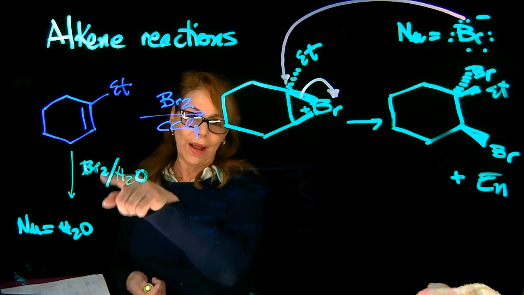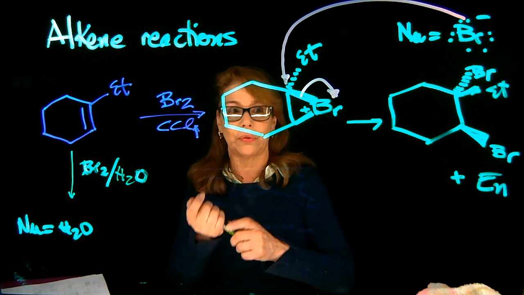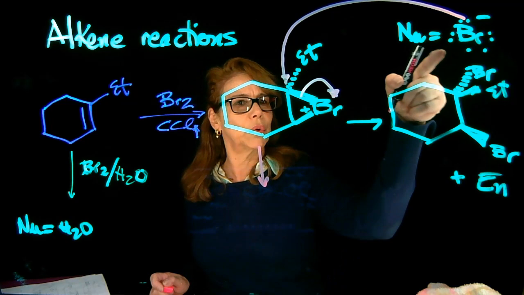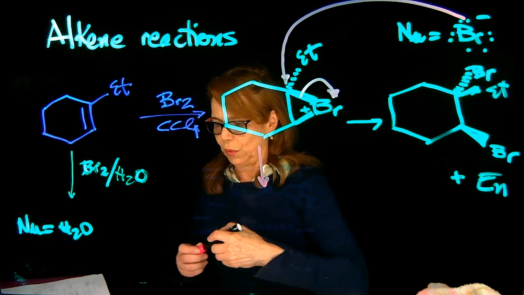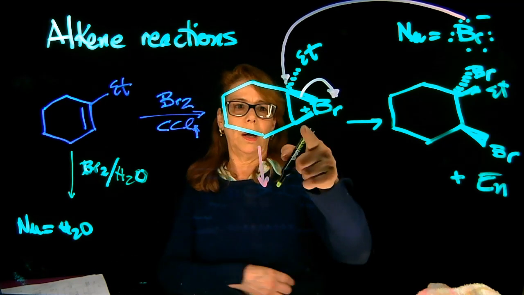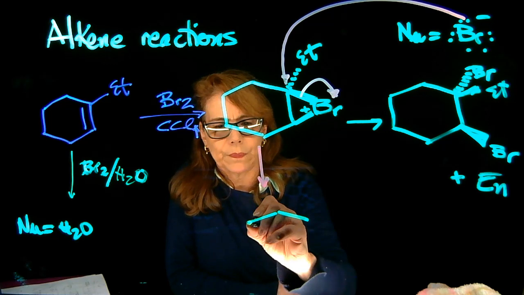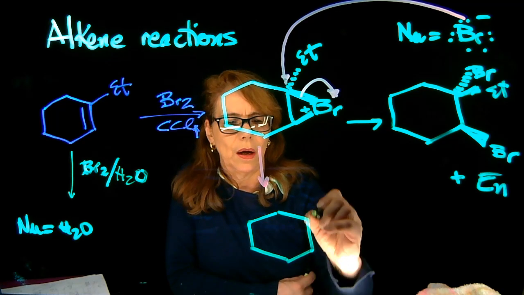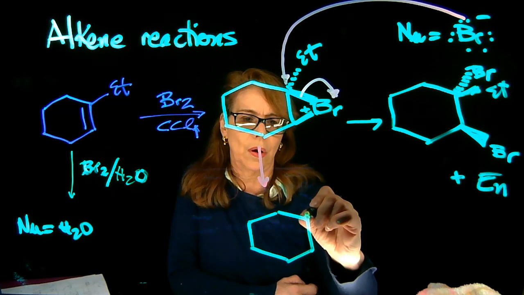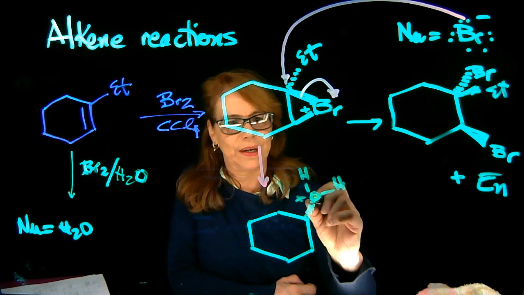So let's go and see what happens in the next. The difference again in the two reactions is the nucleophile. You're going through the same intermediate, but now, instead of attacking with bromide, I'm going to attack with water. And same thing, this will open on the opposite side, so they will end up on opposite sides. If I attack with water, initially you will have this with a positive charge.